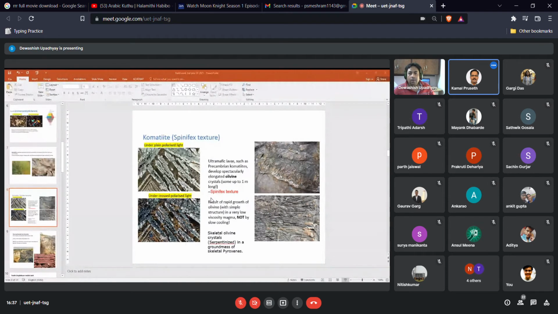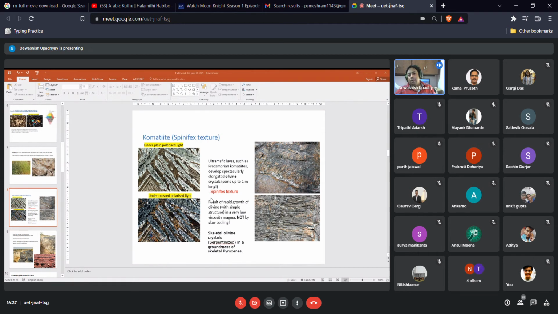So this happens when you have a rapid quenching of ultramafic lavas, as a result of which the olivine does not get time to grow to equant euhedral crystals. Rather, it grows to long skeletal crystals. Sometimes you may have crystals as long as a meter in length. The left-hand image shows how these olivine crystals look in a thin section.